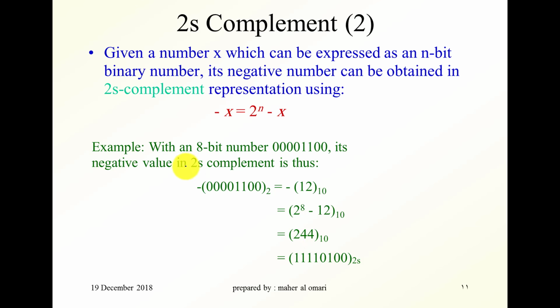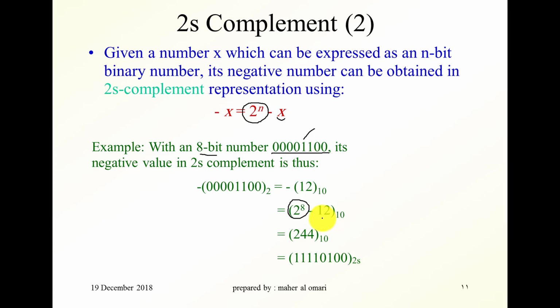Another way to find the 2's complement, for example, we have an 8-bit number, which is this. This is a 14, 8-bit number. The 2's complement of this number is 2 to the n, where n is the number of bits, 2 to the n, which is 256, minus the number. The number is 14. I'm sorry, in this case, the number is 12.